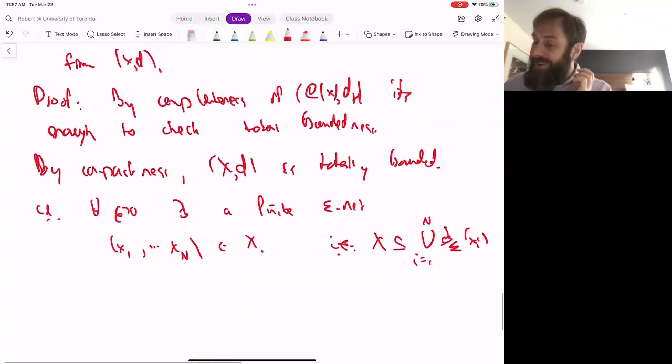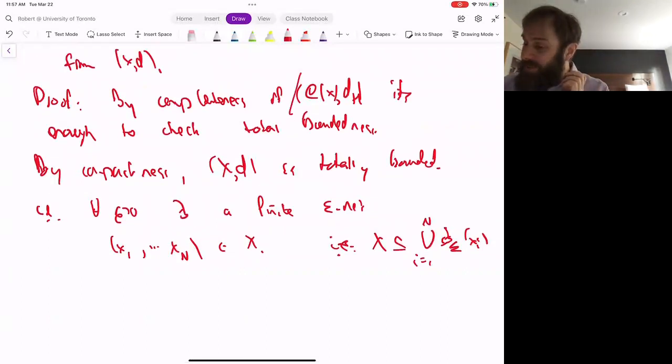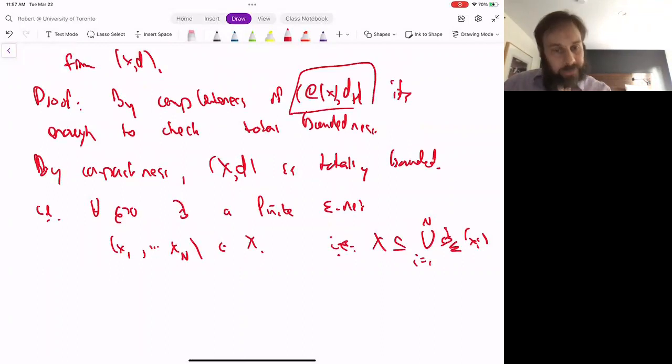How do you think I'm going to construct an epsilon net in the set of closed sets given by the Hausdorff distance?